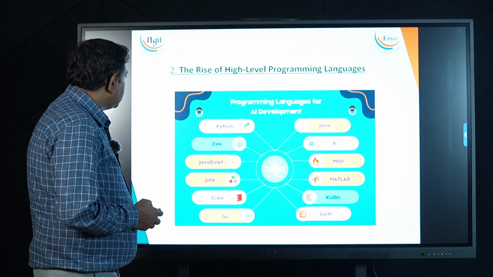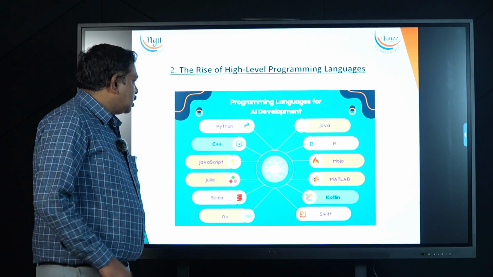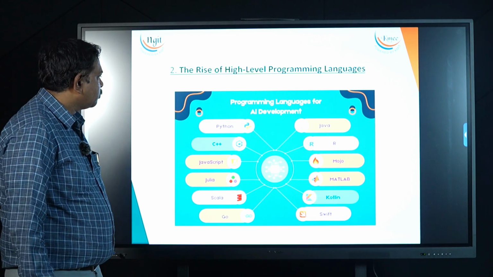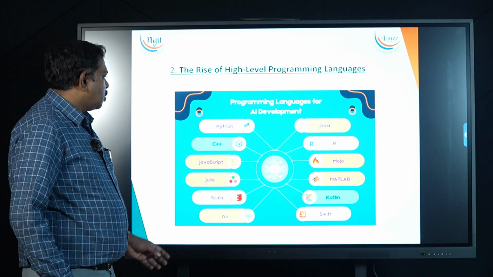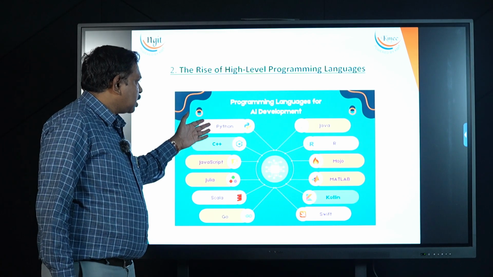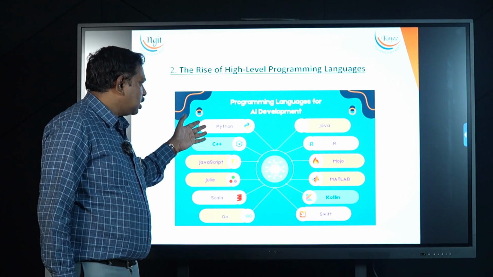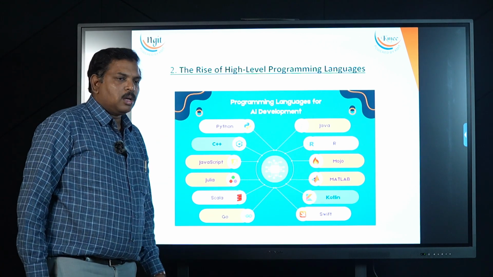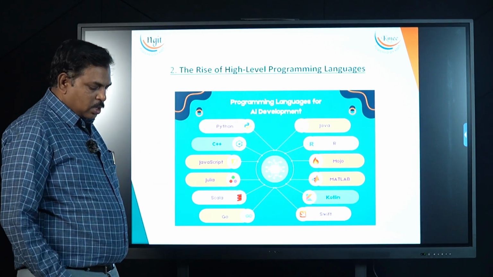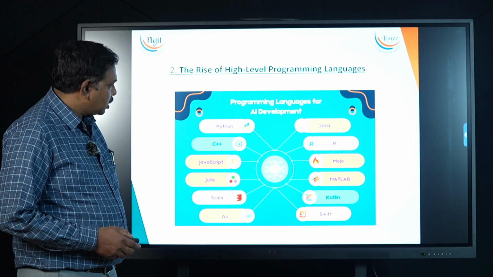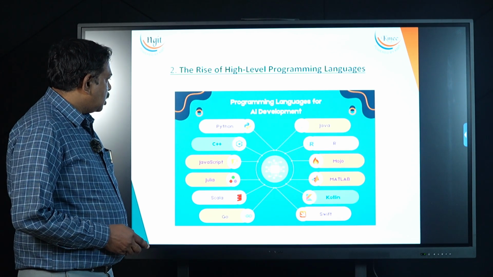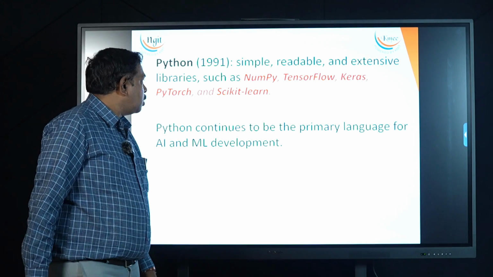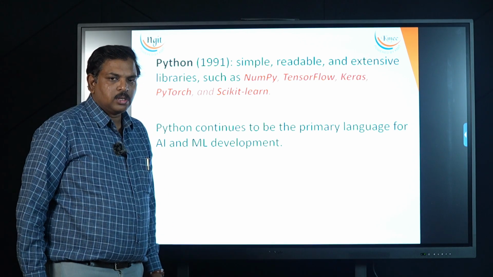But as time changes, there is a rise of new programming languages in the AI field. One of the popular languages that we currently use, the industry standard language in AI, is Python. Python is very easy to use. It is a simple, readable language.